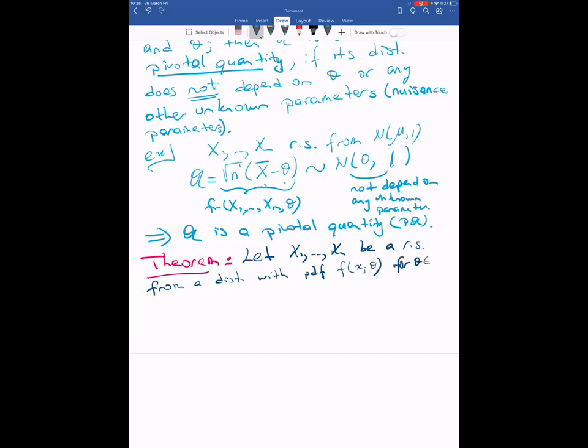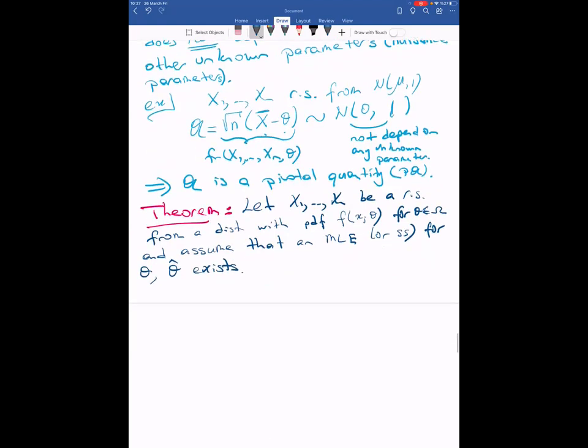For theta in the parameter space, assume that an MLE, maximum likelihood estimator, or sufficient statistic for theta, which is theta hat, exists. So you have to remember how to find an MLE or a sufficient statistic. From the previous semester we already dealt with these, remember?